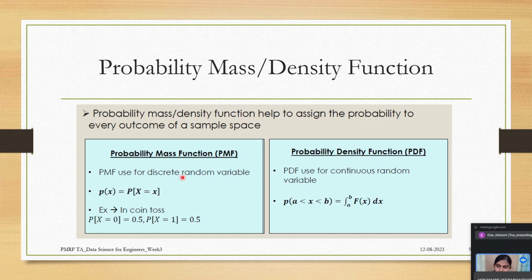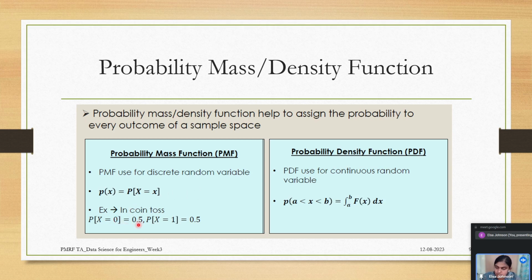So probability mass function, p of x equal to p of X equal to x. For example, you can give p of x equal to 0 in coin toss 0.5, and in the other case x equal to 1. So in this case it will be like getting a tail or getting a head. If your event is getting a head, then x equal to 0 means tail has come up.